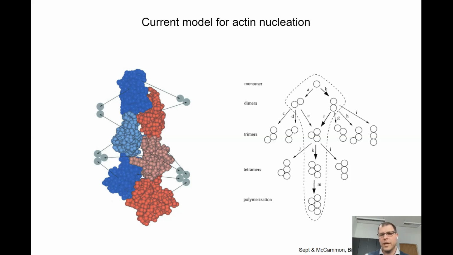David Sept and Andrew McCammon tried to simulate all possible nucleation pathways for actin based on a Brownian dynamics simulation. Essentially what they did was, as you can see on the left, the actin polymer consists of 2 helical strands, the blue one and the red one.